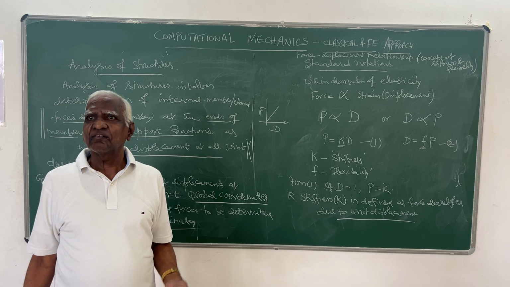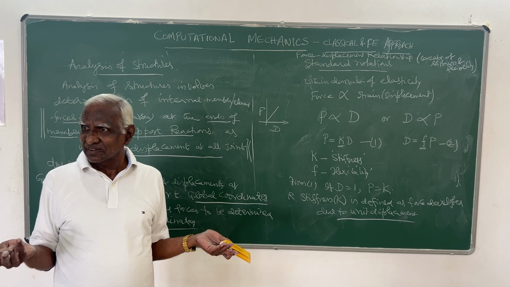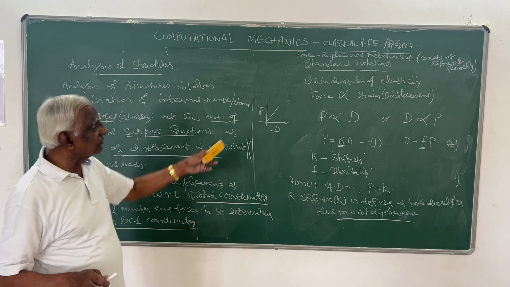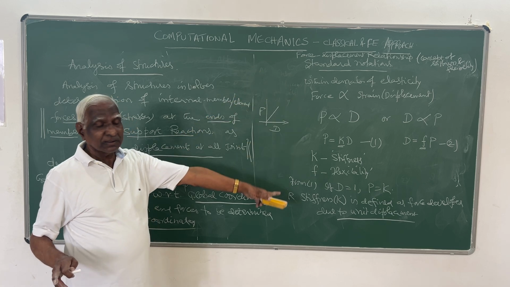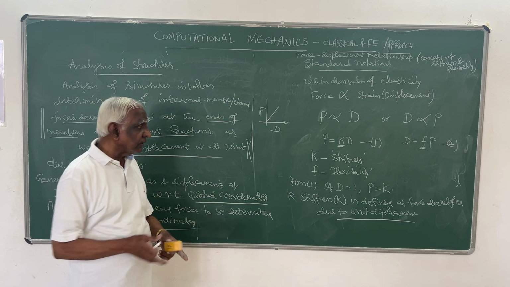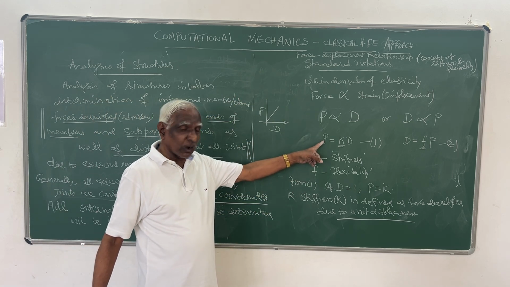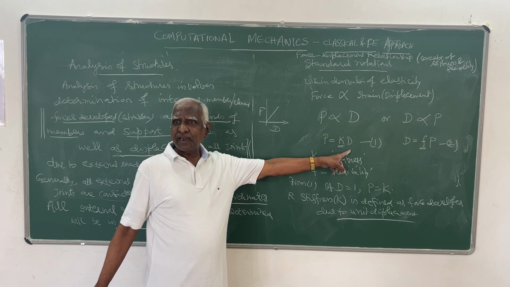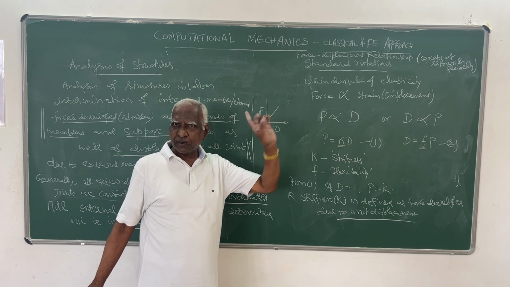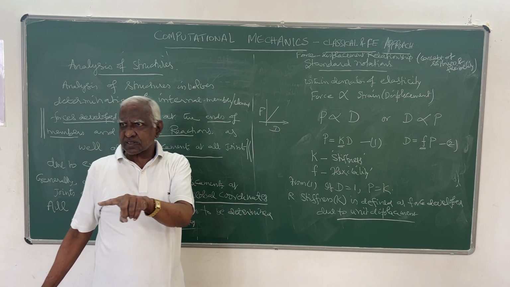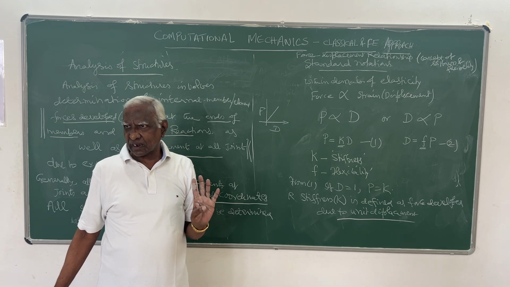You will get the flexibility. Is it clear now? I have defined the concept of flexibility, and this is true if there is one force and one displacement corresponding to that force.